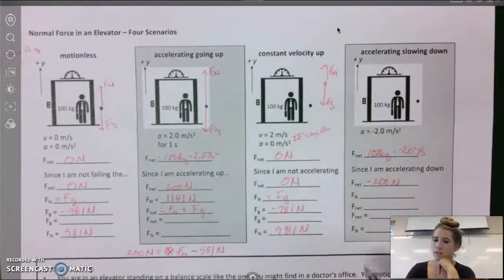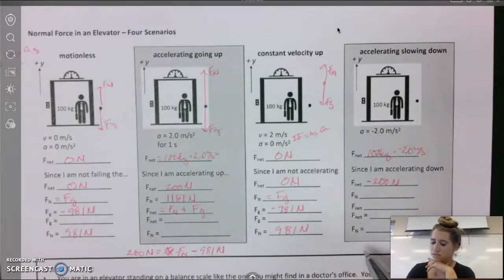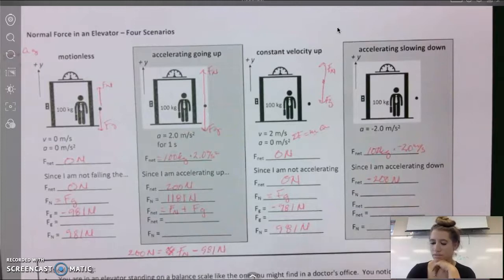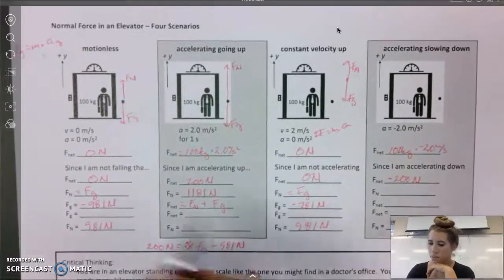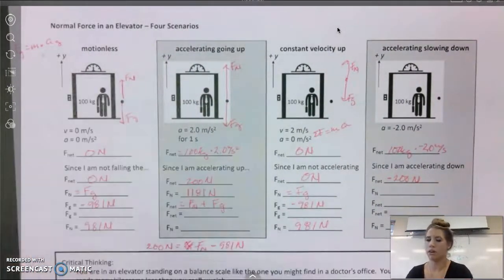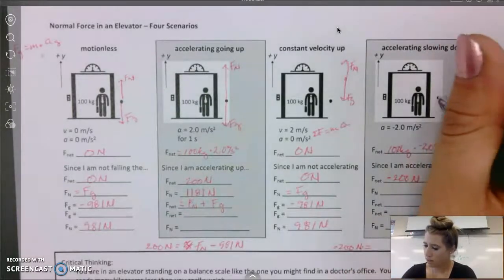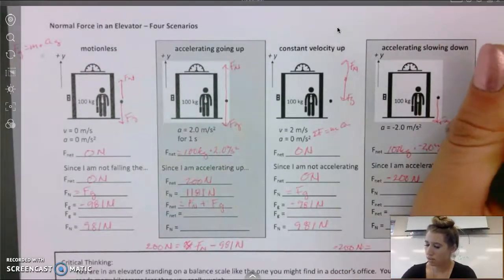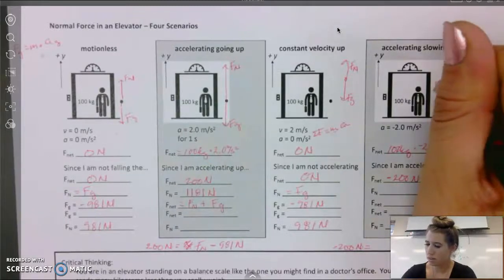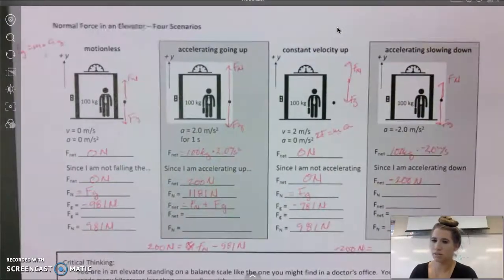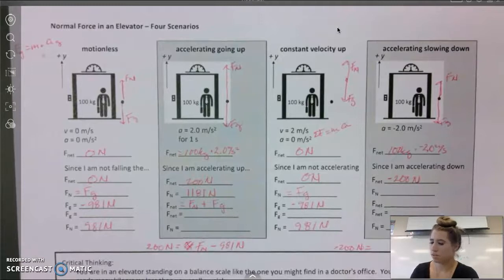Okay. And our force due to gravity is always the same. The mass doesn't change, the acceleration due to gravity doesn't change. So this sum here, this negative 200 newtons, is going to be the force due to gravity added to our force normal, because those are the only forces involved here.